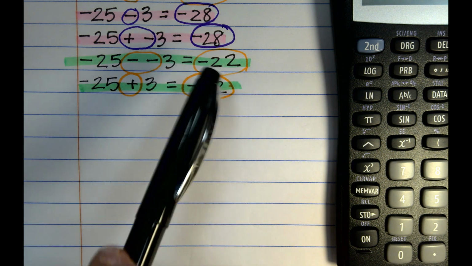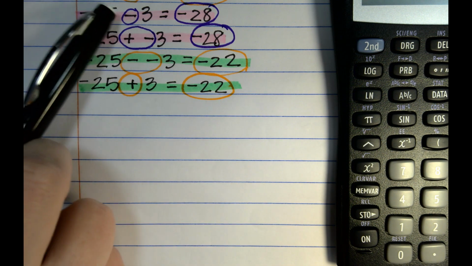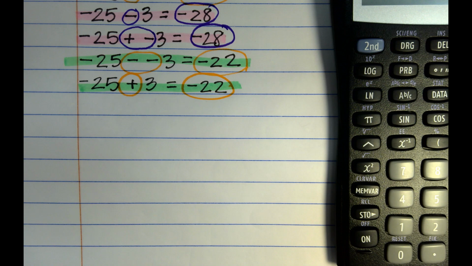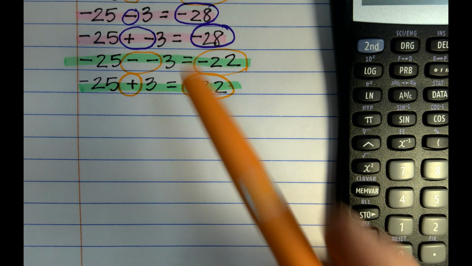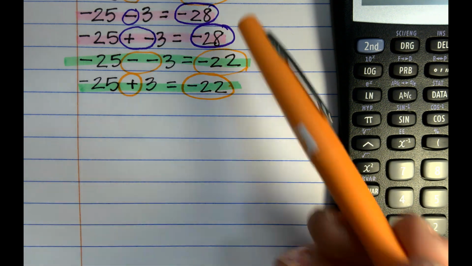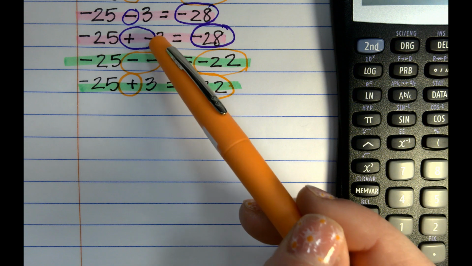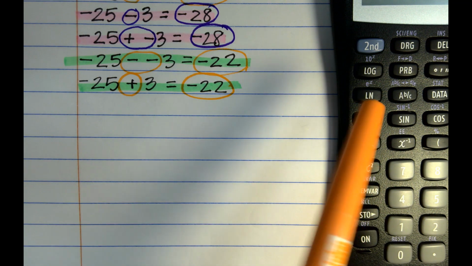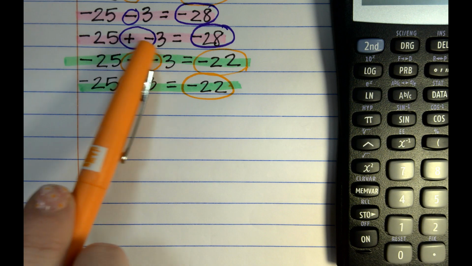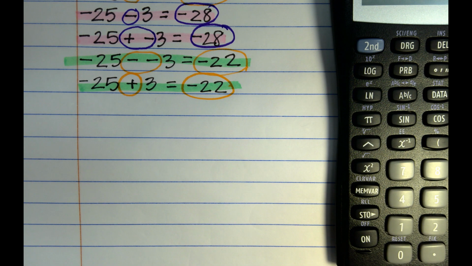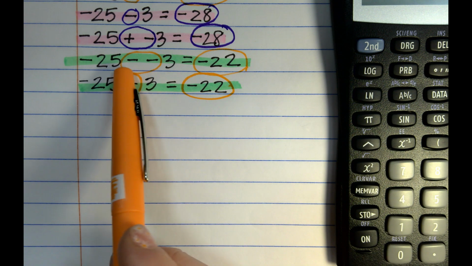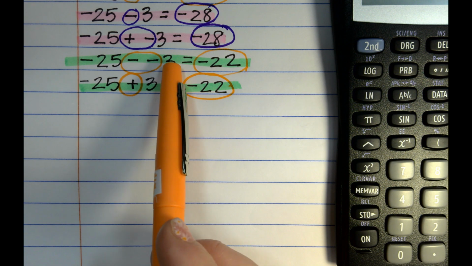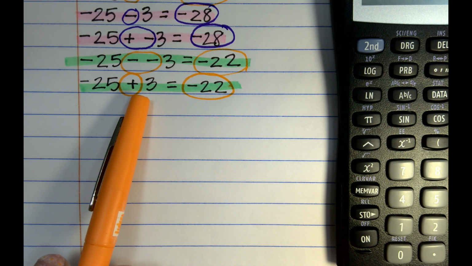So what we discover here is that when I subtract 3, it's the same thing as adding negative 3. Subtracting 3 is the same thing as adding negative 3. Okay? When I subtract negative 3, it's the same thing as adding 3.